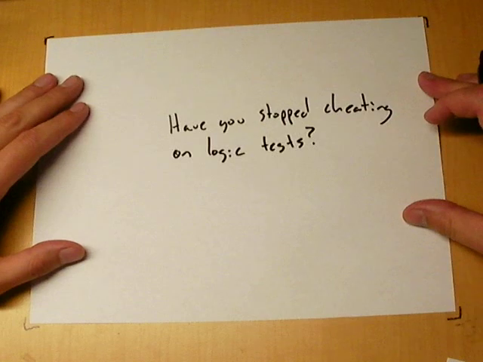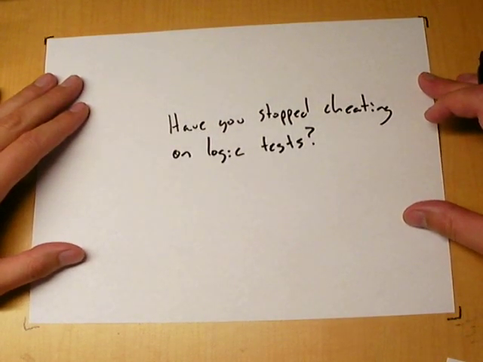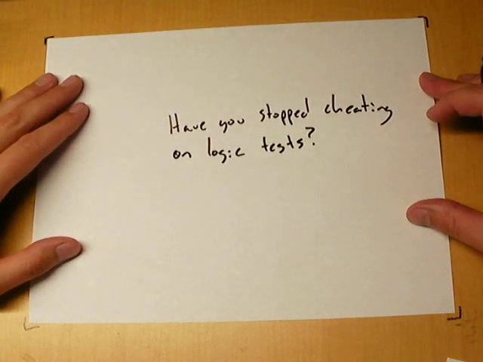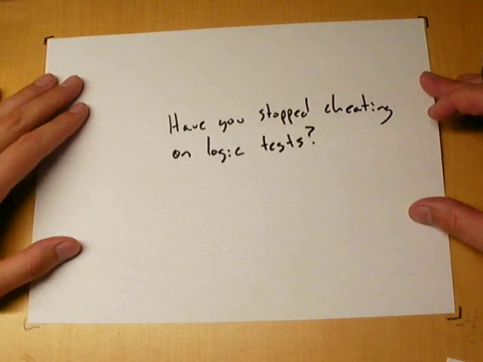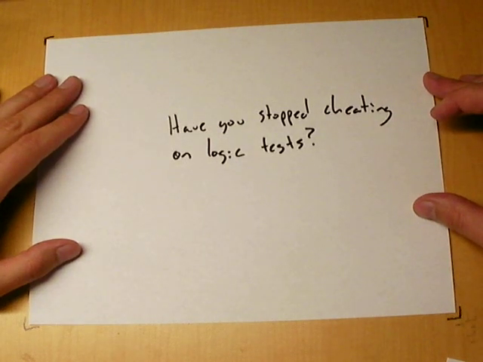And notice, either way you try to answer this, you've conceded to something that hasn't been granted. So you can either respond by saying, yes, in fact, I have stopped cheating. Well, now that seems to suggest that in the past you were cheating on your logic test, which is probably not what you actually want to say, but now you've stopped all that.